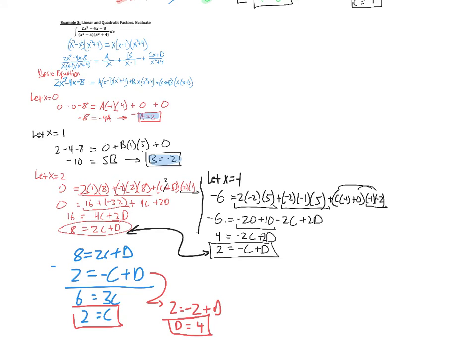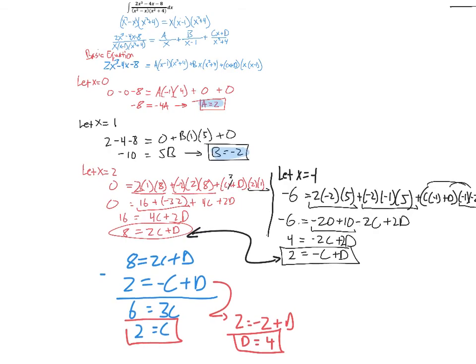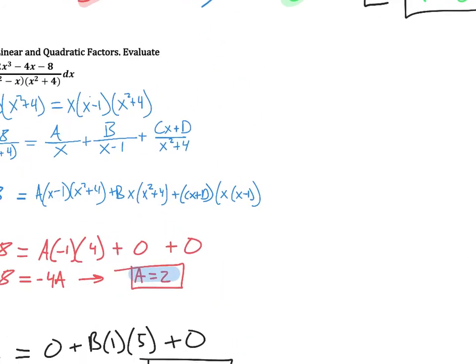So we now know that A is 2, B is negative 2, C is 2, D is positive 4. Yes, these take up a lot of paper and a lot of room, so we won't have many of these on the assignment.